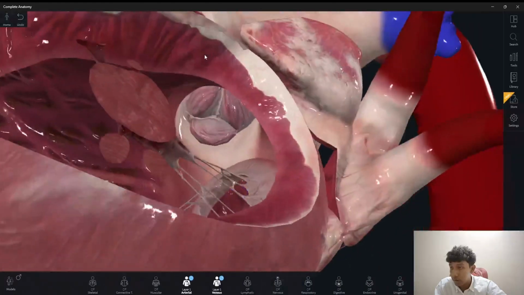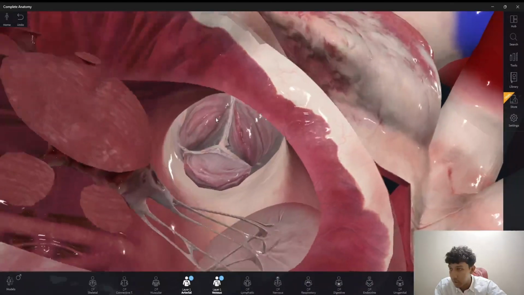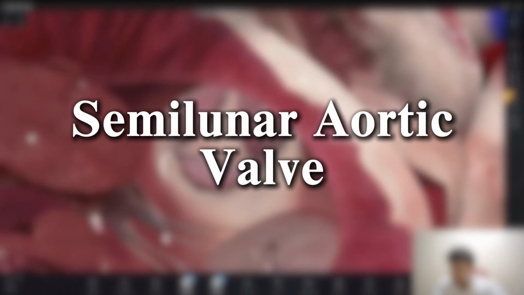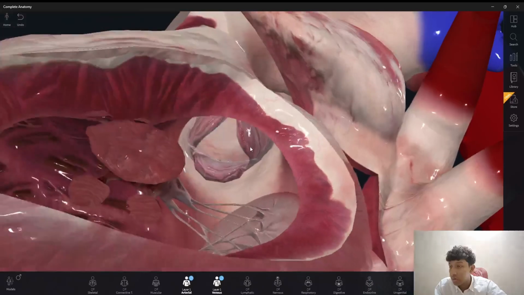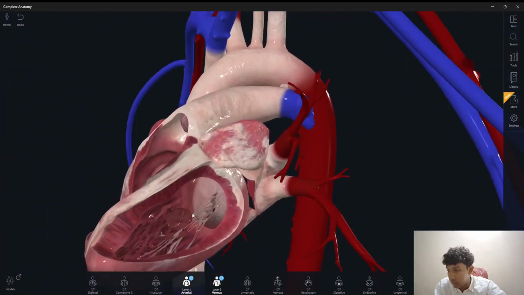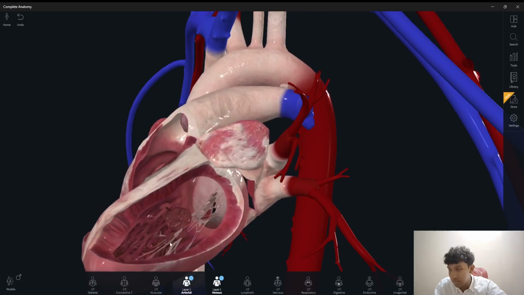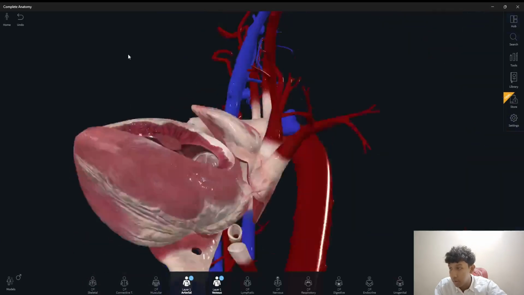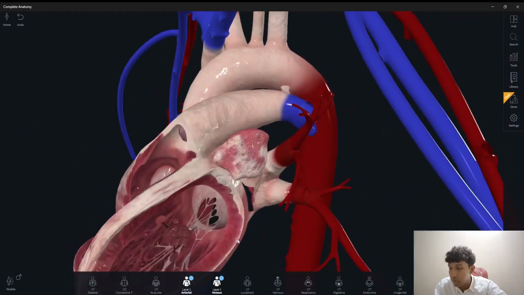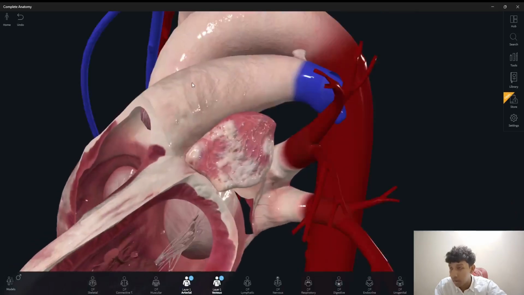If I could zoom it correctly. There we go. This valve is called the semilunar aortic valve. So what does this valve do? Remember, as I told you before, the role of the sinistra ventricle is to pump the blood, right? And the sinistra ventricle pumps the blood into the whole body through the aorta.